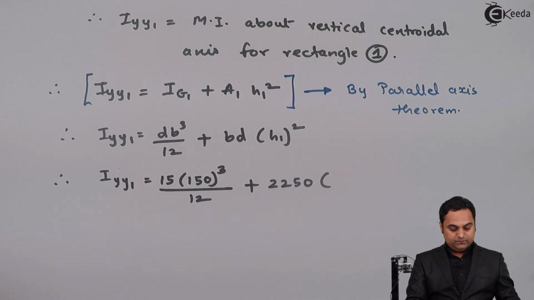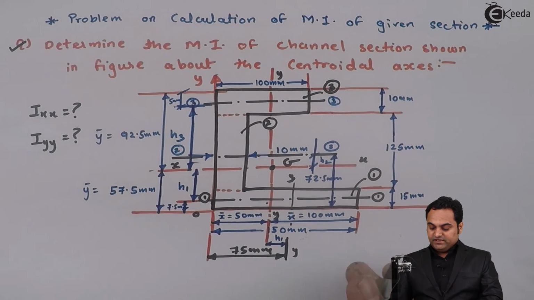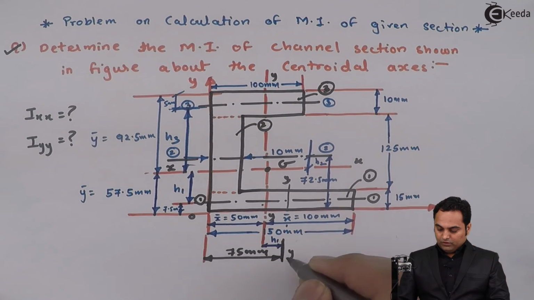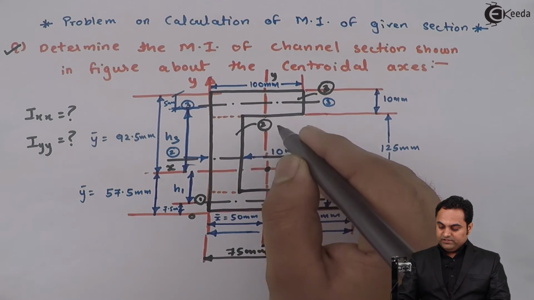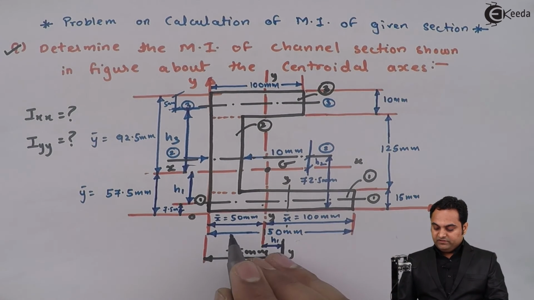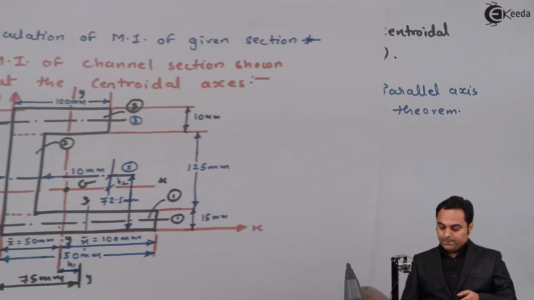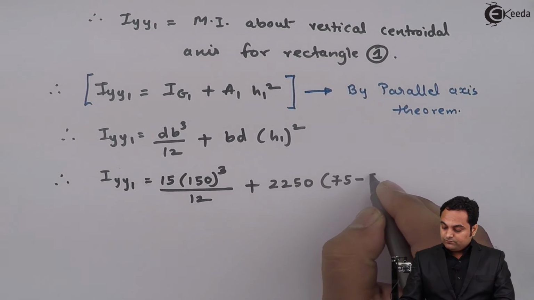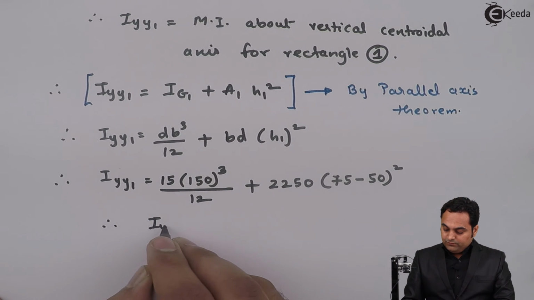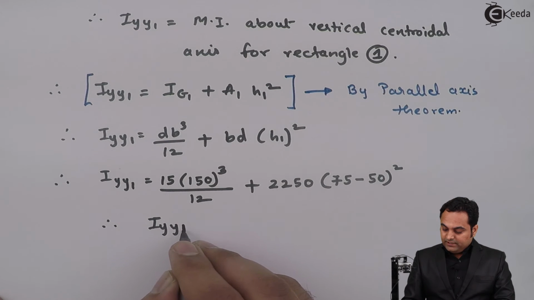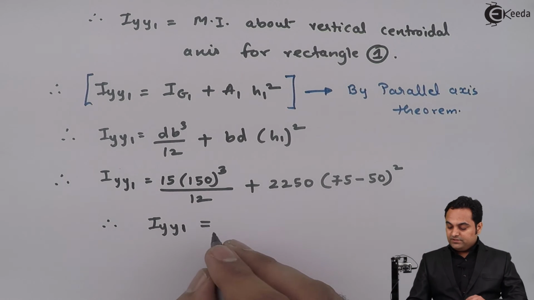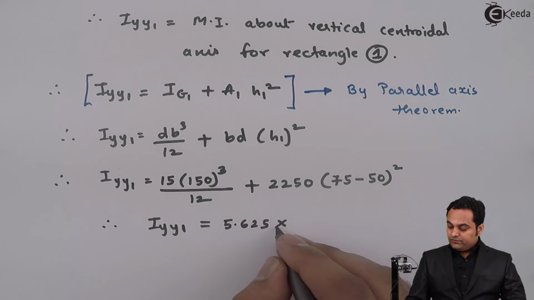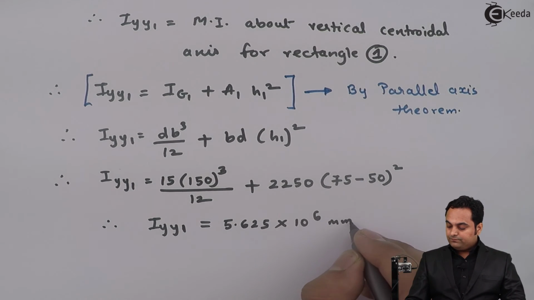Now h1. h1 is the distance, as I have explained, between the y-axis of rectangle 1 and the y-axis of the complete section. So it is 75 minus 50 because we want this distance as h1. So from this we will get Iyy1, and the answer is 5.625 into 10 raised to 6 mm raised to 4.